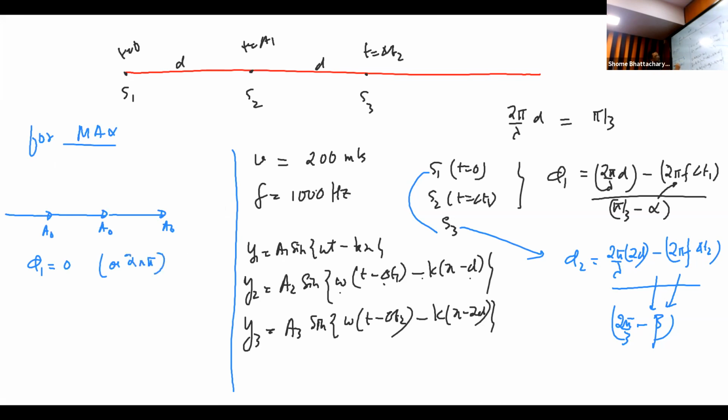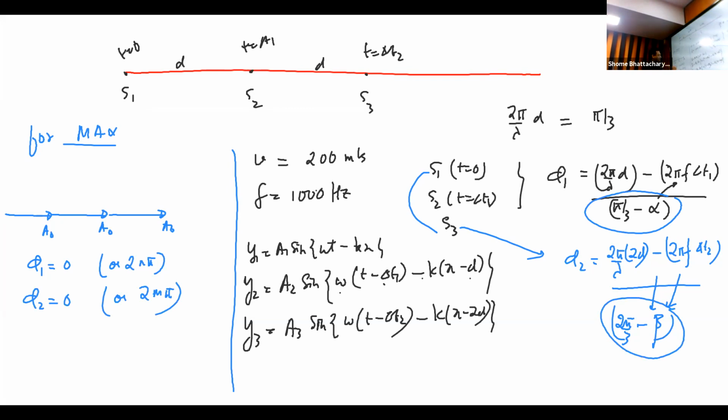And my phi 2 should also be 0, or in general some 2m pi. So now you can see I want this to be 0 and I want this to be 0.